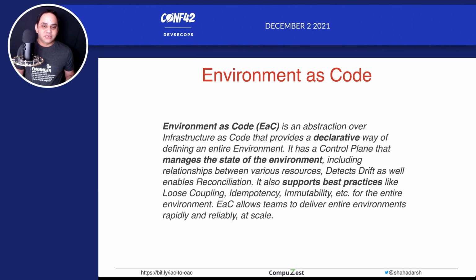Here's the definition. I know it's long, but I think it's important to go through it. Environment as code, EaC, is an abstraction over infrastructure as code that provides a declarative way of defining an entire environment. It has a control plane that manages the state of the environment, including relationships between various resources, detects drift, as well as enables reconciliation.